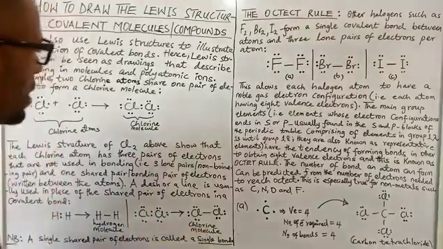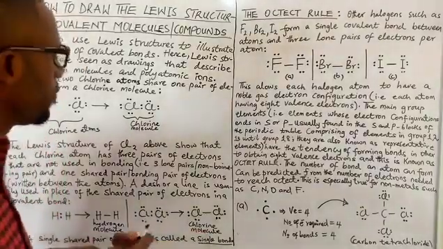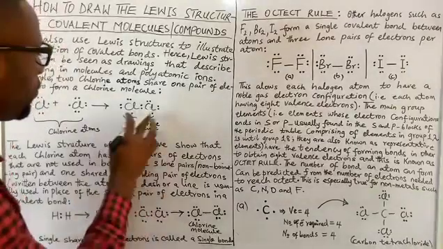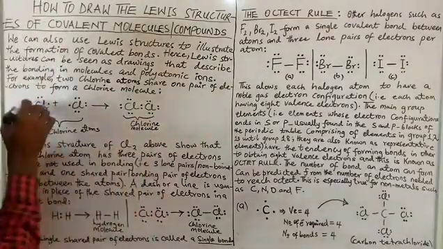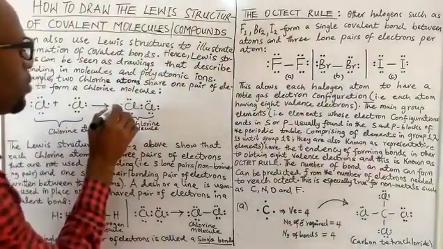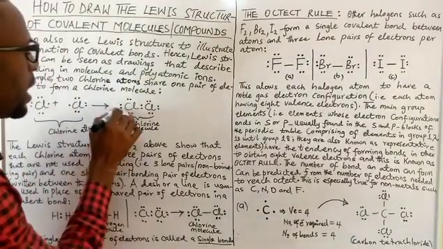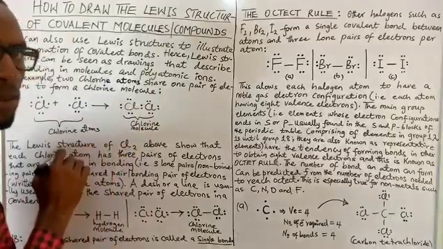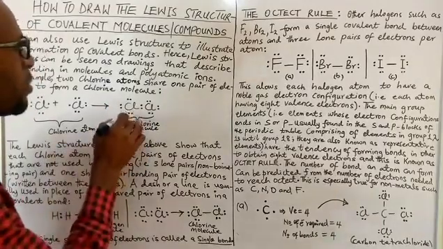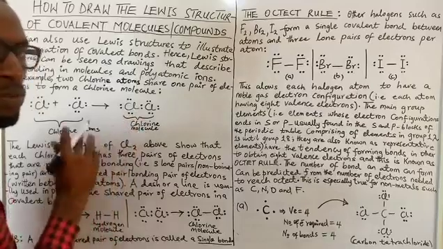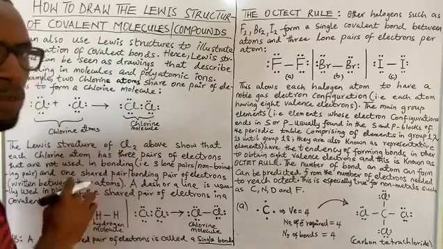But if you look very closely at the anatomy of the chlorine atoms ab initio, you discover that in this atom it has a pair of electrons that was not involved in the chemical bonding. There is another pair of electrons in this atom not involved in the chemical bonding.